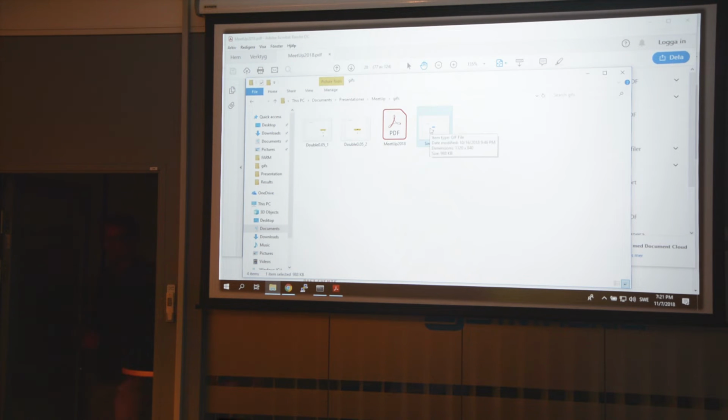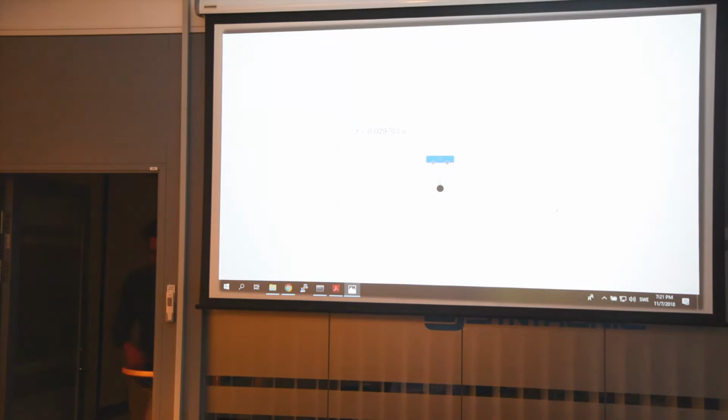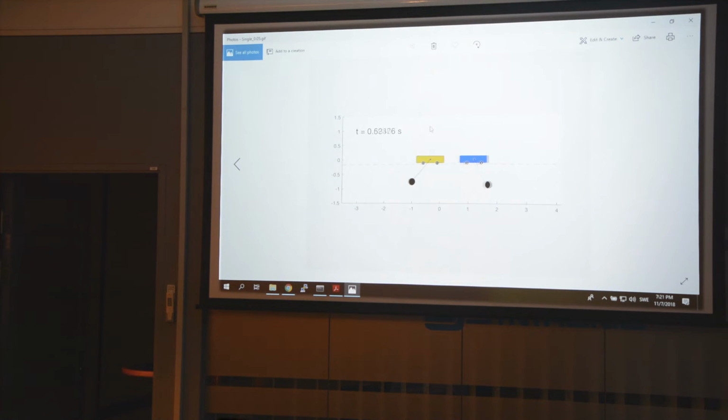Okay, so the first animation is two pendulums starting in the same downward position, but with different angular velocities, and you will see. It's quite nice.